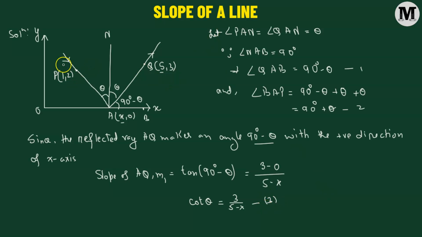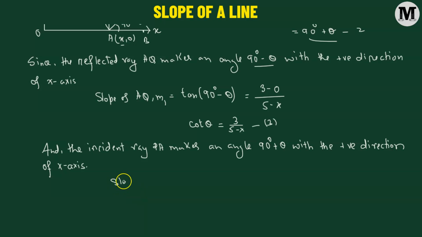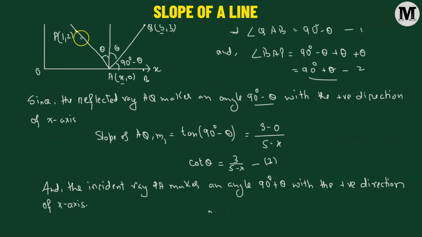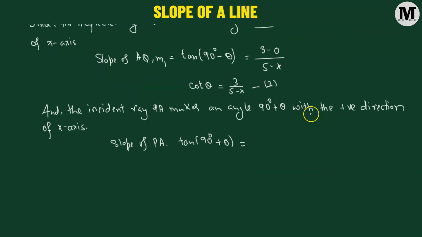Next, we'll consider the incident ray PA, which is making an angle 90 degrees plus theta with the positive direction of the x-axis. So the slope of PA is going to be equal to the tangent of the angle that it makes with the positive direction of the x-axis, which is 90 degrees plus theta. This will be equal to the difference of the y coordinates, 2 minus 0, divided by 1 minus x.